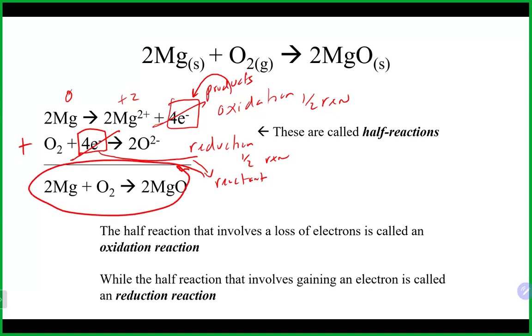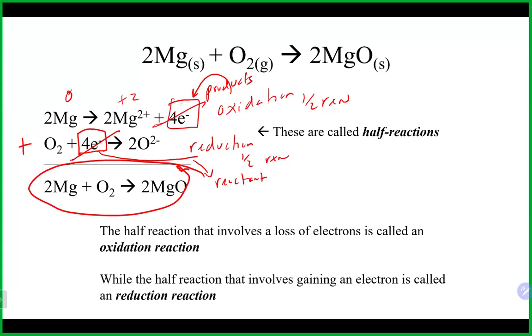Everybody on the left stays on the left, everybody on the right stays on the right, and you'll get the overall reaction. So if you see a half reaction that has electrons on the product side, that should indicate that it's an oxidation and those electrons are being lost. And again, if you see a half reaction and electrons are on the reactant side, then it is a reduction reaction, like they are being gained.